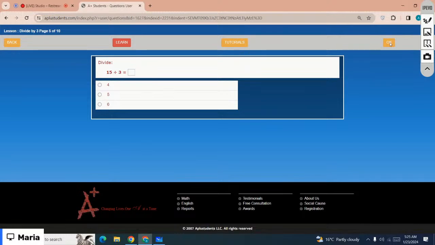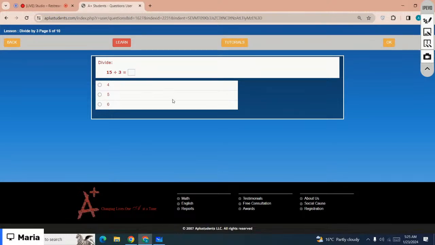15 divided by 3. 3 times what number is 15? 3 times 5 is 15.